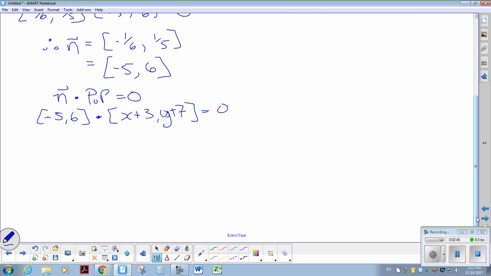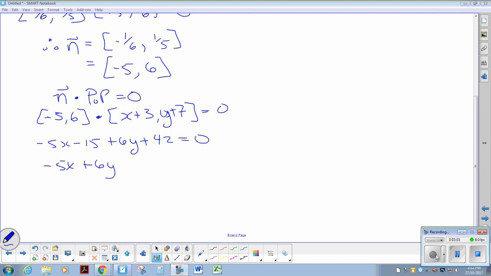Moving that through, we end up with -5x minus 15 plus 6y plus 42 equals 0. So -5x plus 6y plus 27 equals 0.